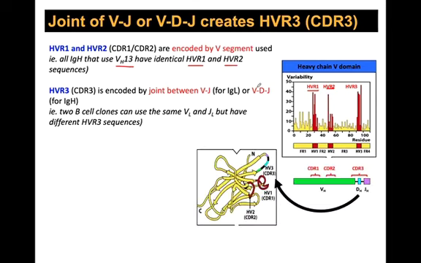Okay. And so when you look at this, once you have this joint made, the CDR1 and 2, which correspond to the HVR1 and 2, those are just whatever gene segment, right? And they are variable, but they're variable between gene segments. The CDR3 is the joint.